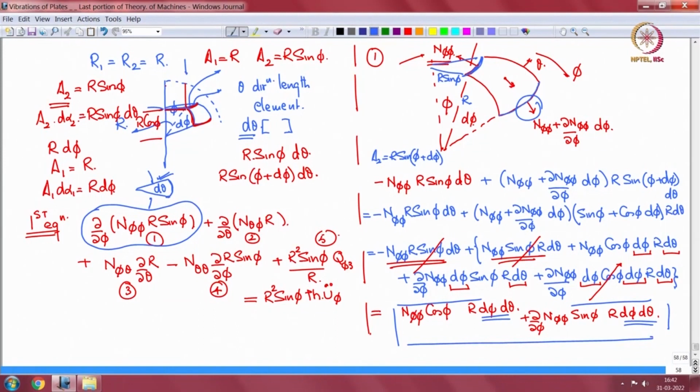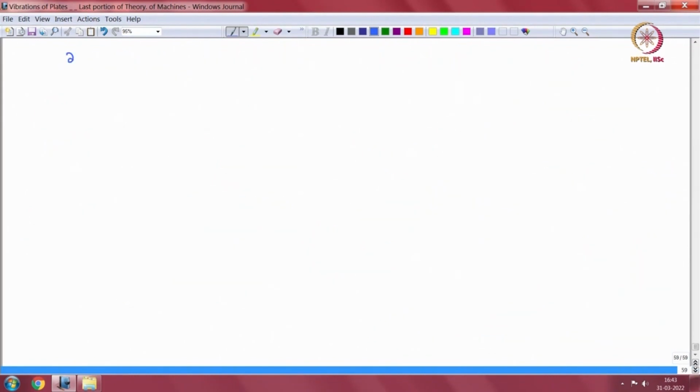Okay, the second term. Let us see how the second term comes up. The second term is n theta phi. Let me write it on the other side: del theta n theta phi into r.